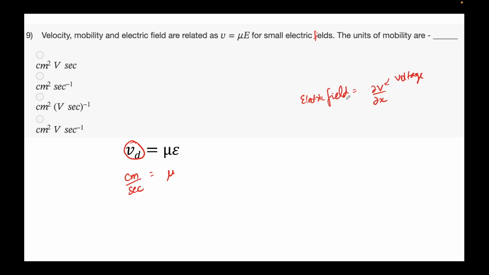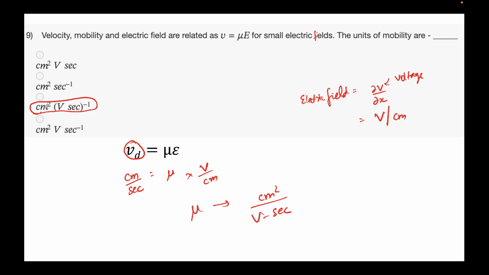So the electric field units are volts, with x in centimeters, so volts per centimeter. Cross multiplying, mu comes out to be centimeter square over volt second. So the units of mu are centimeter square per volt second, which is this option.